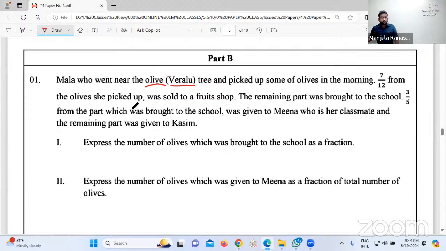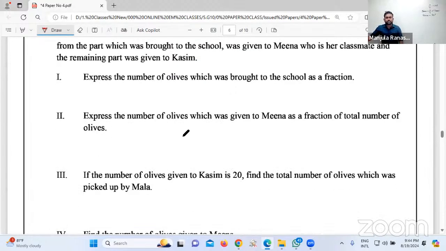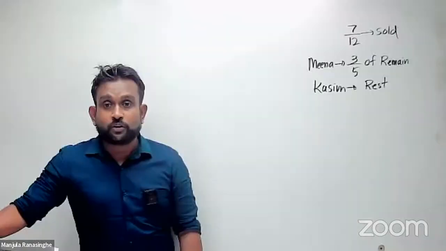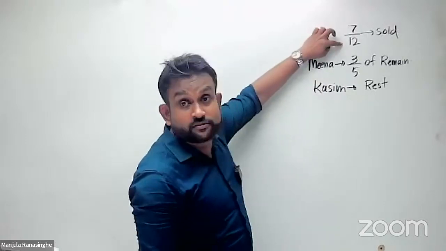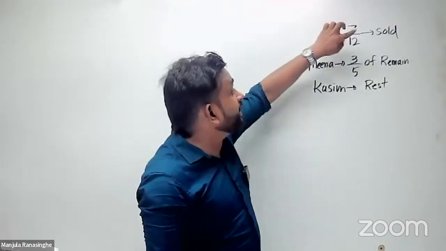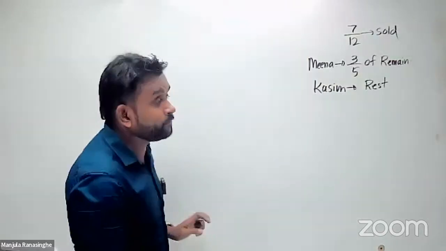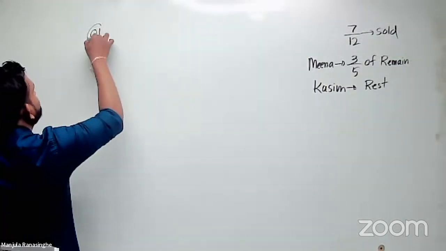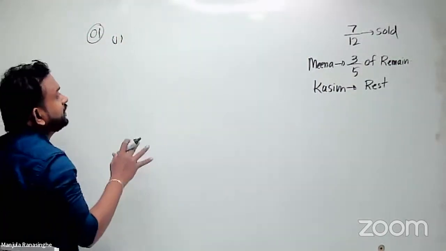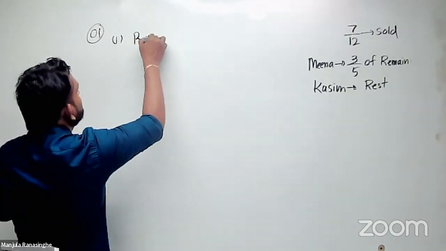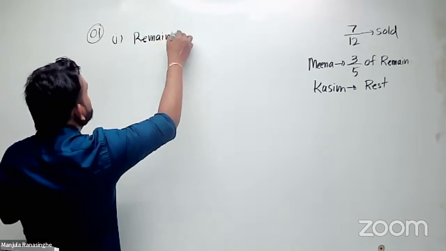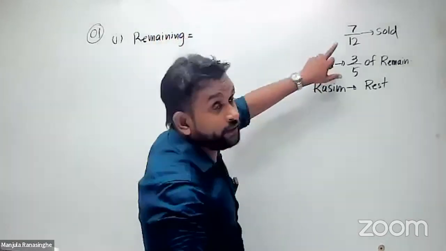Now we move to the question. Express the number of olives which was brought to the school as a fraction. So what is brought to the school? 7/12 sold, then the remaining was brought to the school. So how to find the remaining? We assume that we are dealing with denominator 12.